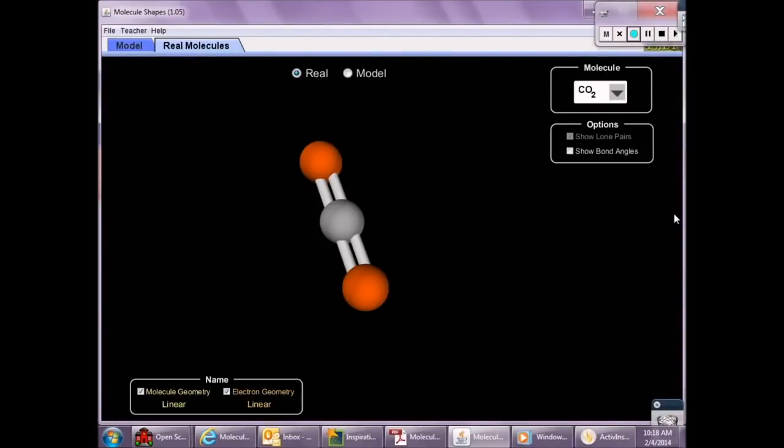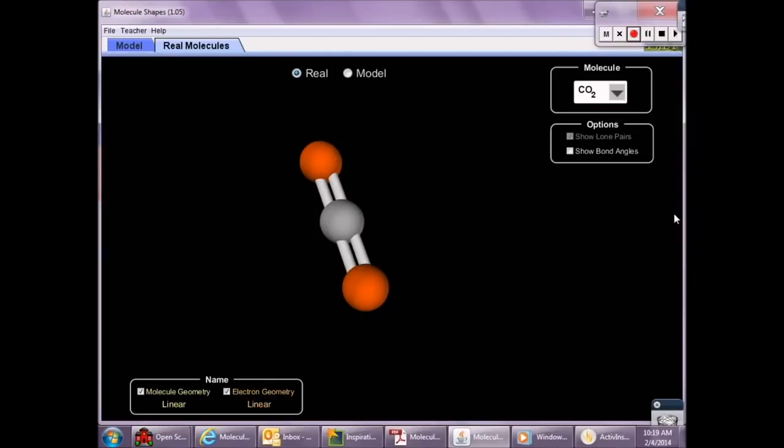Now, I said the first column general formula AB2. It's like a formula, capital A, capital B, subscript 2. It's like writing a formula. So we have the general formula, we have the electron domain, we have the molecular geometry.